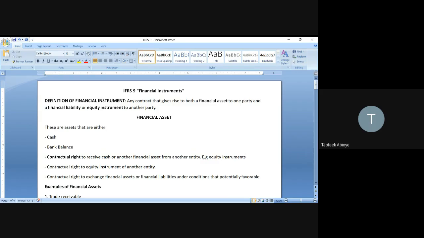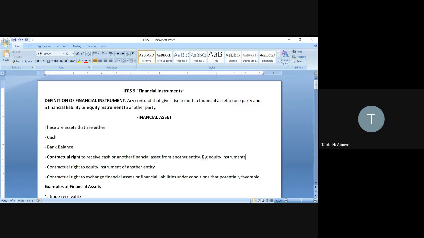Although that right is not 100% certain, because once a company has a loss and does not have a reserve, that means no retained earnings, they cannot give you dividend. But with that investment that you bought, you have a right, and that is what they are saying, a contractual right. You have a right to receive cash or another financial asset from another entity.